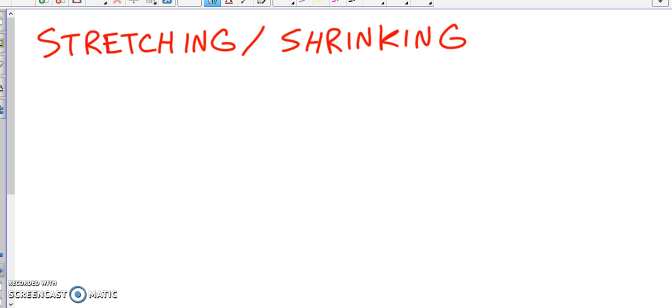Okay. Now here's where I want to show you some things, but due to symmetry, you're not going to be able to see the difference in them really well. So here we go. Let's say that f of x is the absolute value of x again. We already know what that looks like.